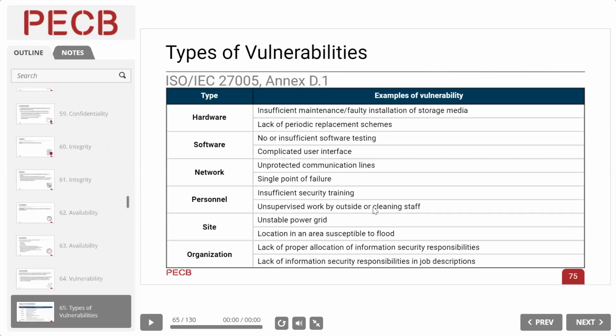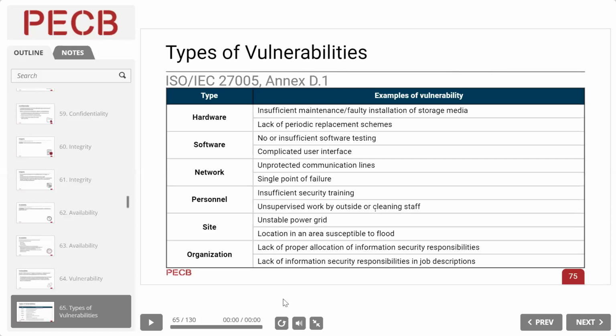So these are some examples of vulnerabilities. A vulnerability in hardware: insufficient maintenance or lack of a periodic replacement scheme. A vulnerability in software: low or insufficient software testing. Another vulnerability could be a complicated user interface.